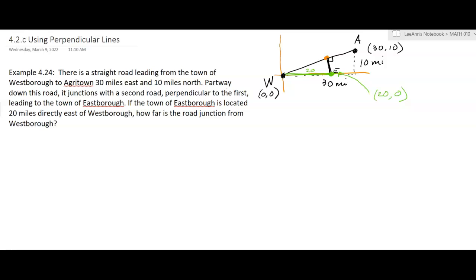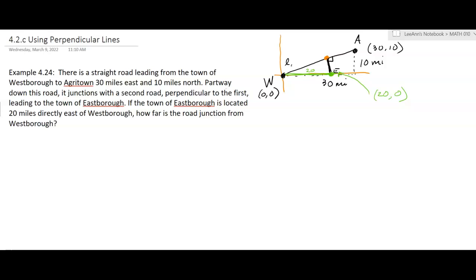Well, what we need is a model for that equation. We don't have enough information. Well, we have enough information to find the slope of that line, right? But we don't know where it intersects. So let's look at the line from Westboro to Agratown, I'll call it line 1.